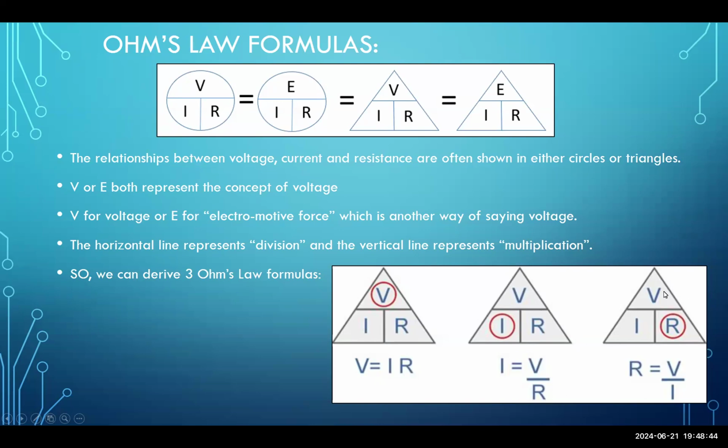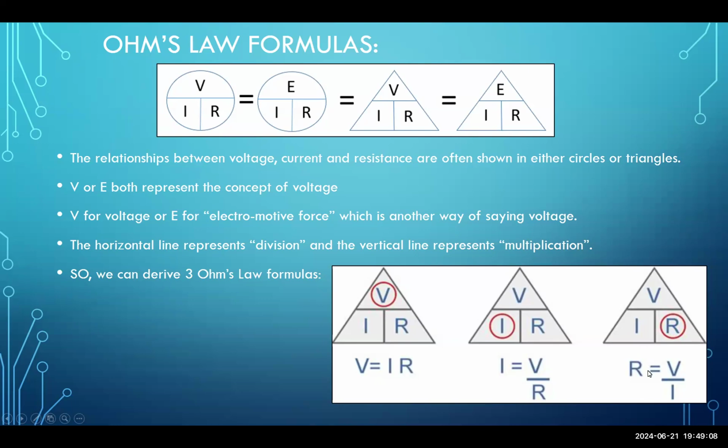Lastly is the third variation, and that is if we cover up the letter R, let's say that's what we're calculating, the value of resistance. If you know 2 out of 3 quantities, we can calculate the third. So by putting your thumb over R, what's left outside of your thumb is a V on top and an I down below.